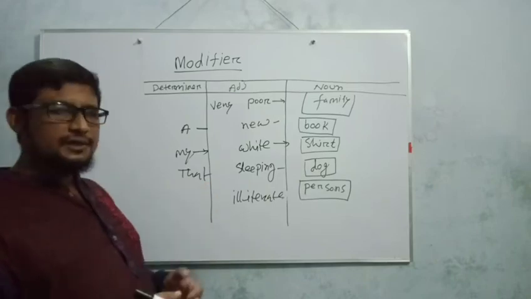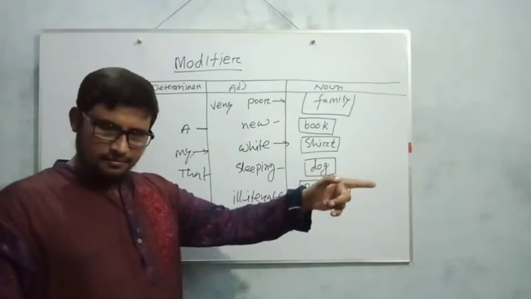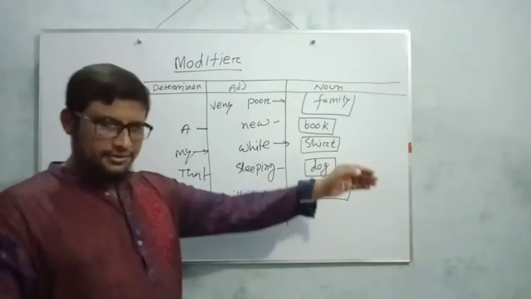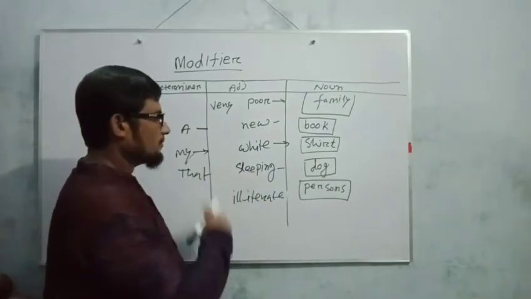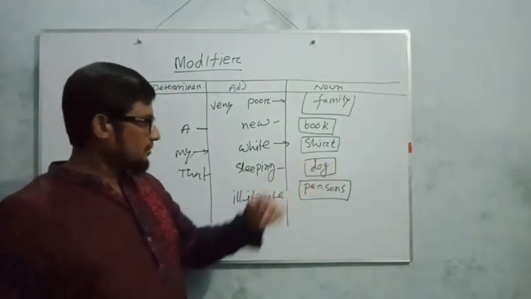So it is also an extra information about the word dog. Which dog? That dog. Which dog? That sleeping dog. So that and sleeping, both these are pre-modifiers of the word dog.